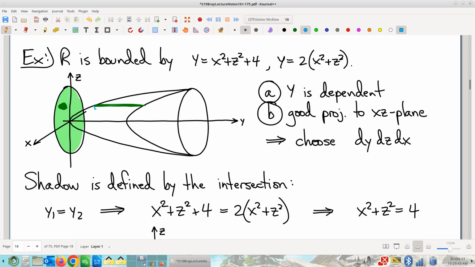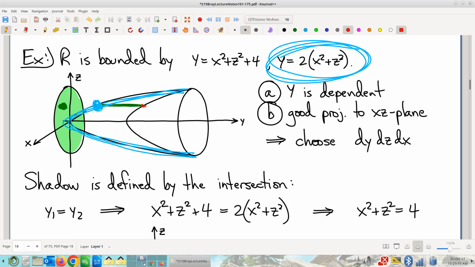Well, we start at points that are always on this surface, and we end at points that are always on this surface there.